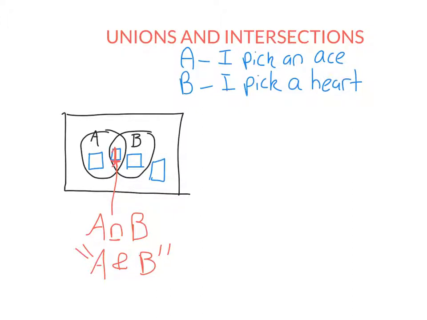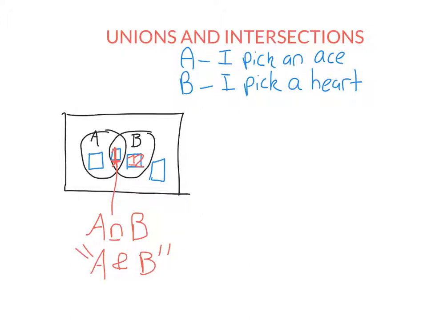Now, hopefully you know that in a deck there are 13 of each suit: 13 hearts, 13 clubs, 13 diamonds, and 13 spades. So in the B circle there should be 13 cards. I've already put 1 in there, the ace of hearts, so there'll be 12 more that go here.